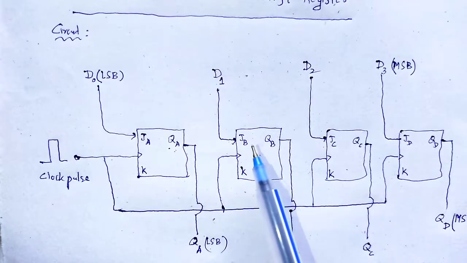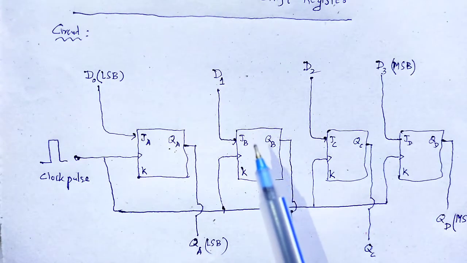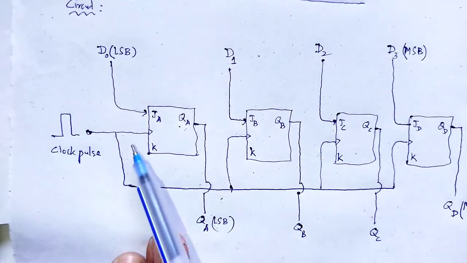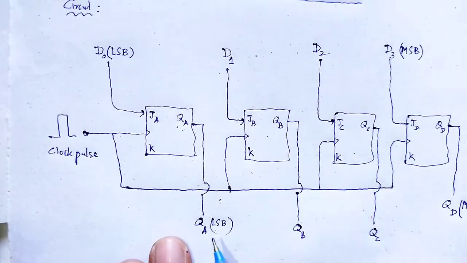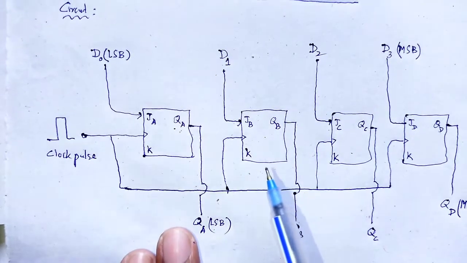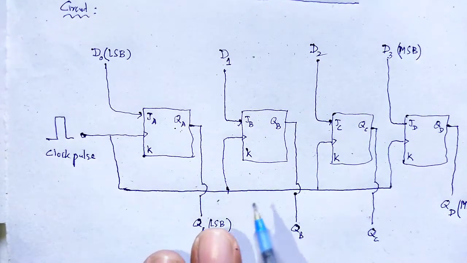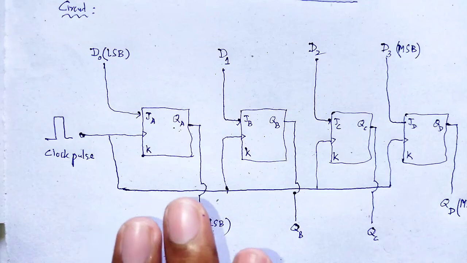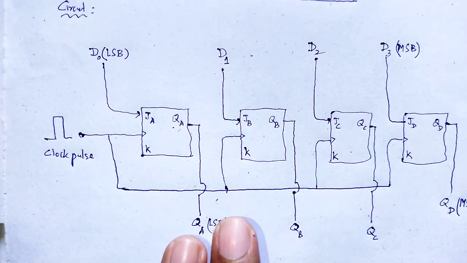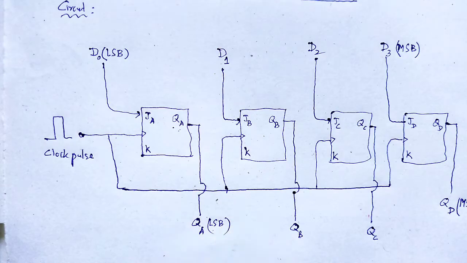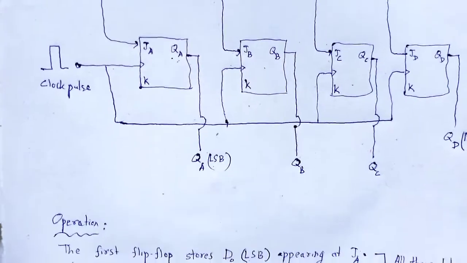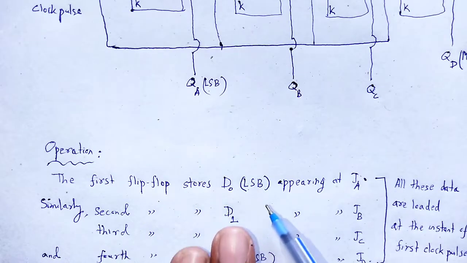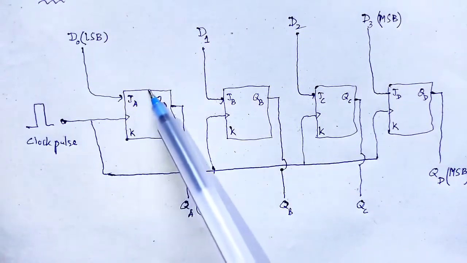Here we have the parallel inputs, parallel outputs and the common clock pulse signal. In the figure, the connections to the K terminals are not shown for clarity of the drawing, but they act as usual. Now, how does the operation hold in this kind of shift register? The first flip-flop stores D0, appearing at JA.